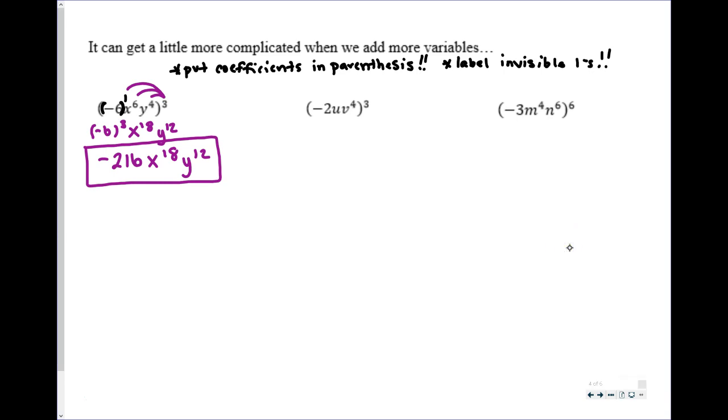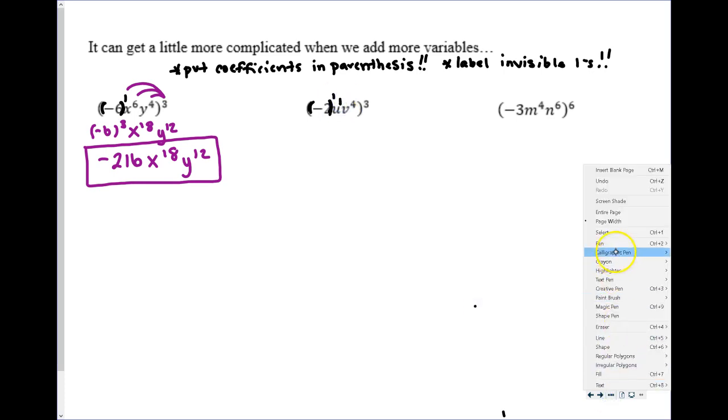So number 2, I see a number. I'm going to put that in parentheses right here. I'm going to put my little invisible 1. I also have an invisible 1 above that u. Do you see how the u doesn't have an exponent? So I'm going to draw in a little 1 for it.